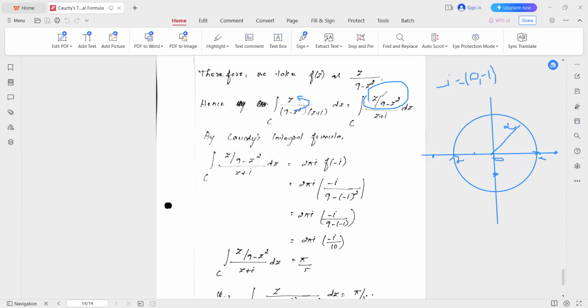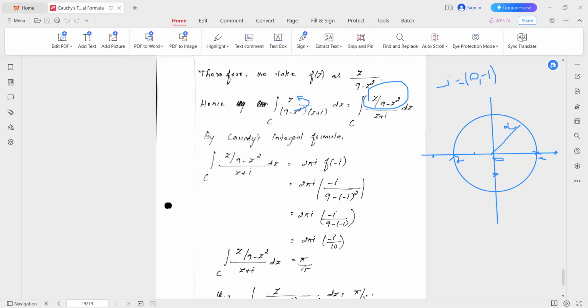What is f of z? z by 9 minus z square. Substitute the value of minus i in the place of z, we get minus i by 9 minus i square. So minus i by 9, as i square is equal to minus 1, we get minus i square equal to minus 1.